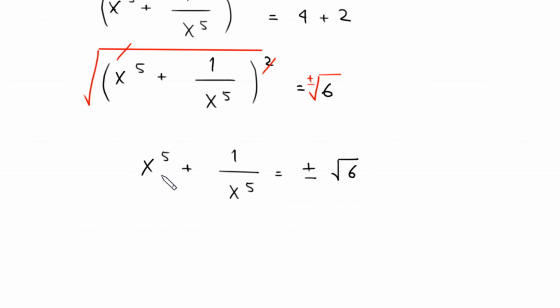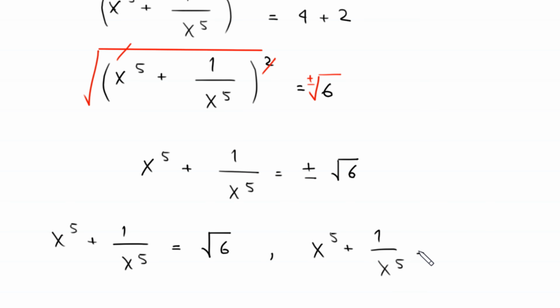It means from here we get two values of x to the power 5 plus 1 over x to the power 5. X to the power 5 plus 1 over x to the power 5 is equal to positive root 6, and x to the power 5 plus 1 over x to the power 5 is equal to negative root 6.